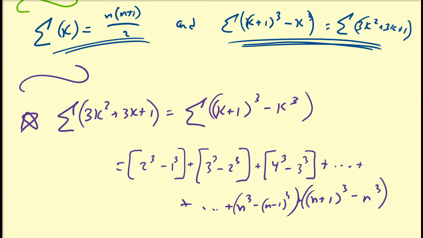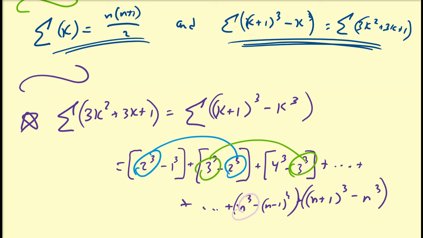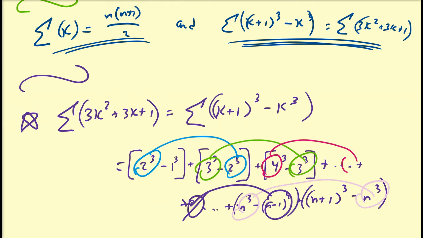So what cancels here? Each term will cancel out with the term in the next part of the series. Working backwards, this term cancels with that term, this term cancels with the term in the first set of the next, and 4 cubed cancels with the last term of the next.